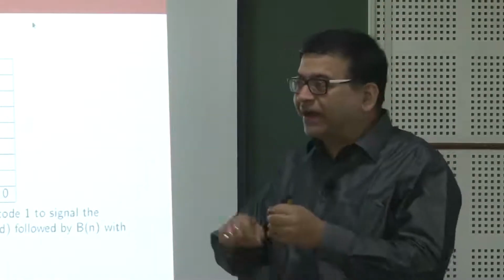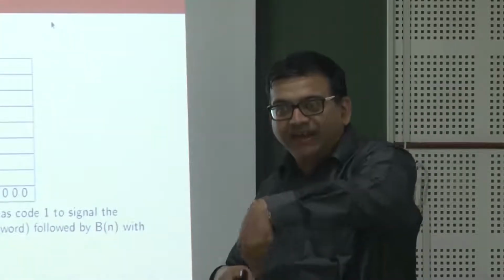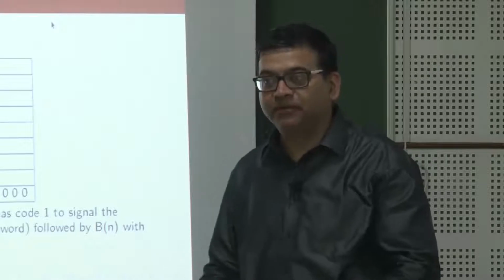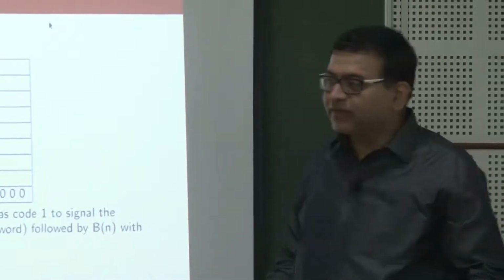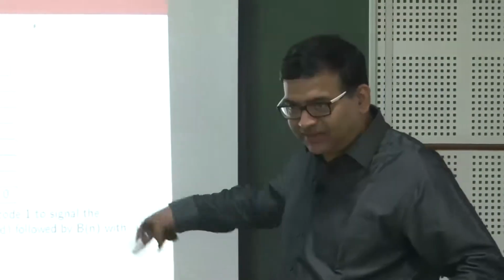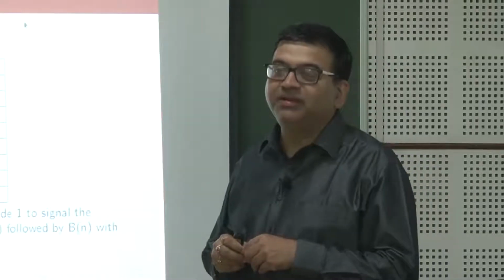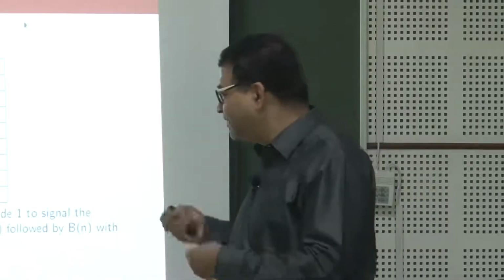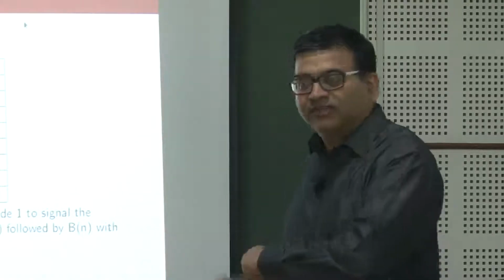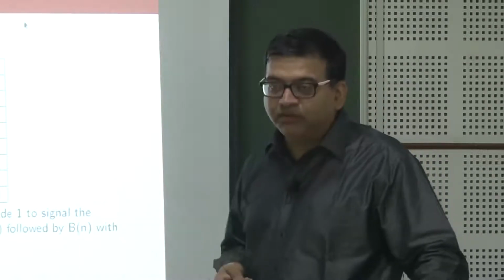So it will look at the next ln minus 1 bits, and whatever the number is, it will add a leading 1, and that is your number. So the decoder can figure out what has been sent, and the advantage of this code is that as n becomes bigger and bigger, this code will require fewer bits than B1 code.